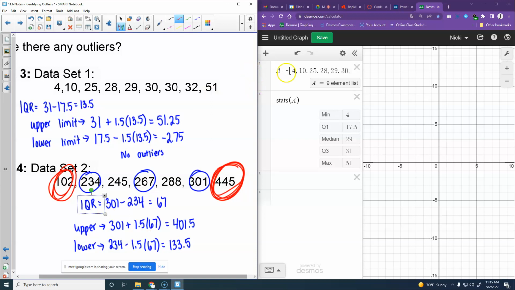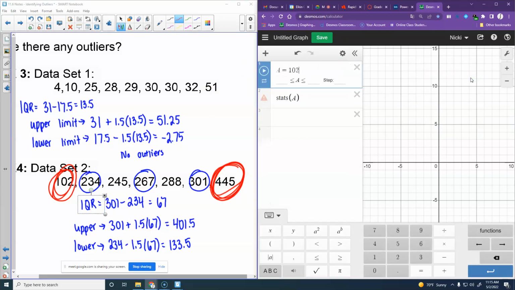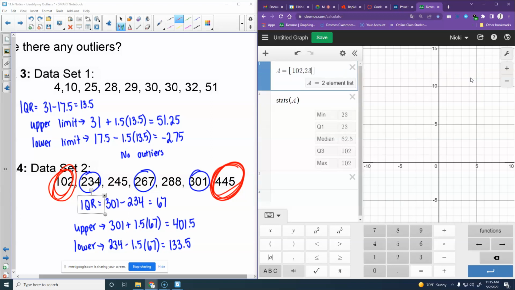If you put this data into Desmos, oh yeah, that's right.